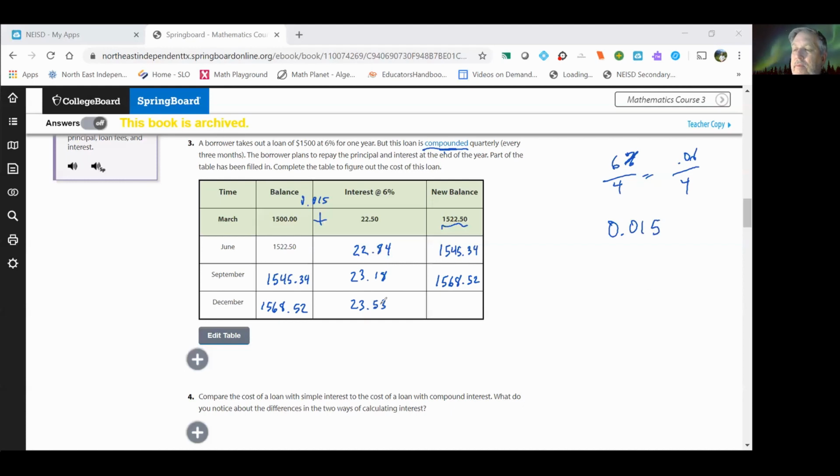And then I'm going to add that to my 1,568.52, and I mistyped, so it's 1,568.52 plus 23.53, and we should get our 1,592.05.